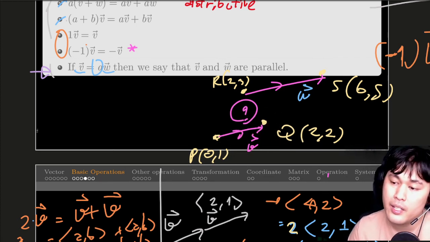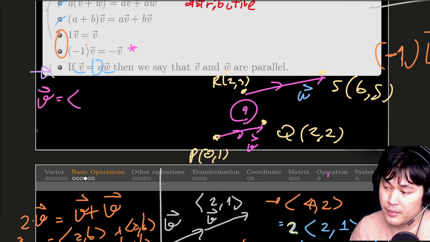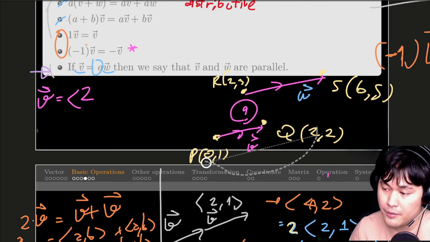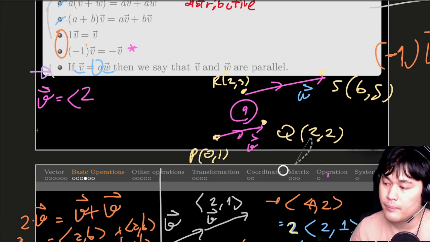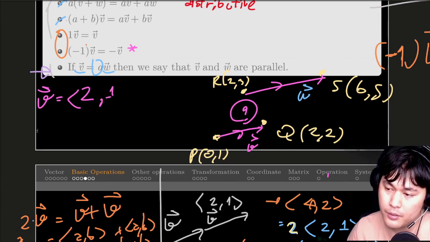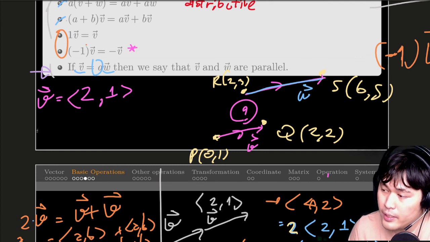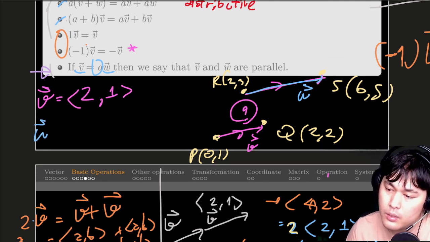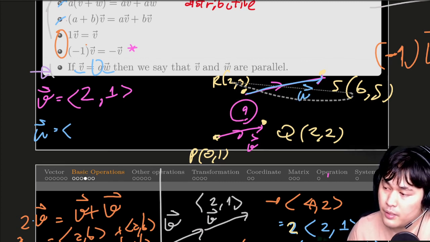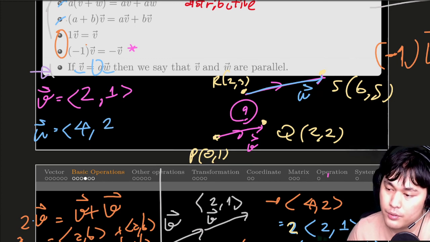So we have v here in the bottom. We walk how many steps? 2 steps, so it's 2 minus 0 for the first component. And then how many steps up? 2 minus 1. So it's 2 and 1. Then we have another vector u. The x component is 6 minus 2, which is 4. The y component is 5 minus 3, which is 2.